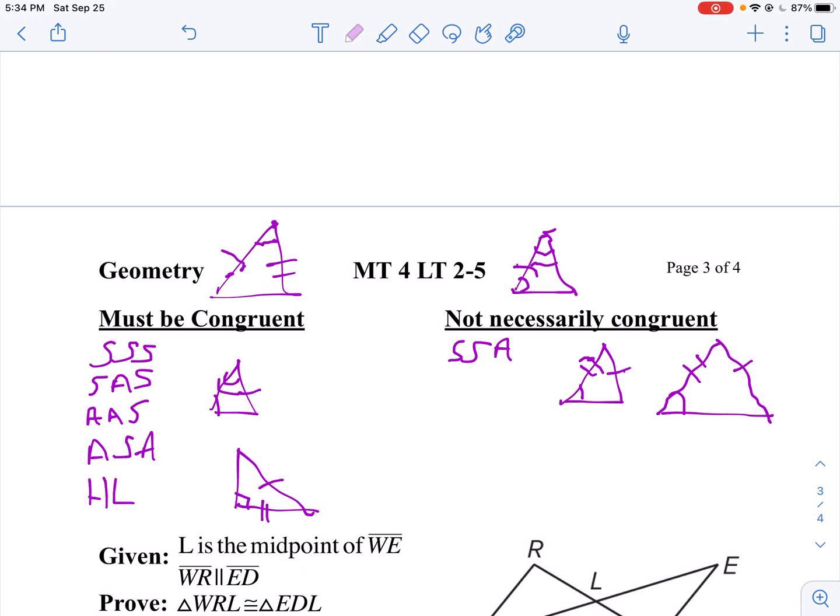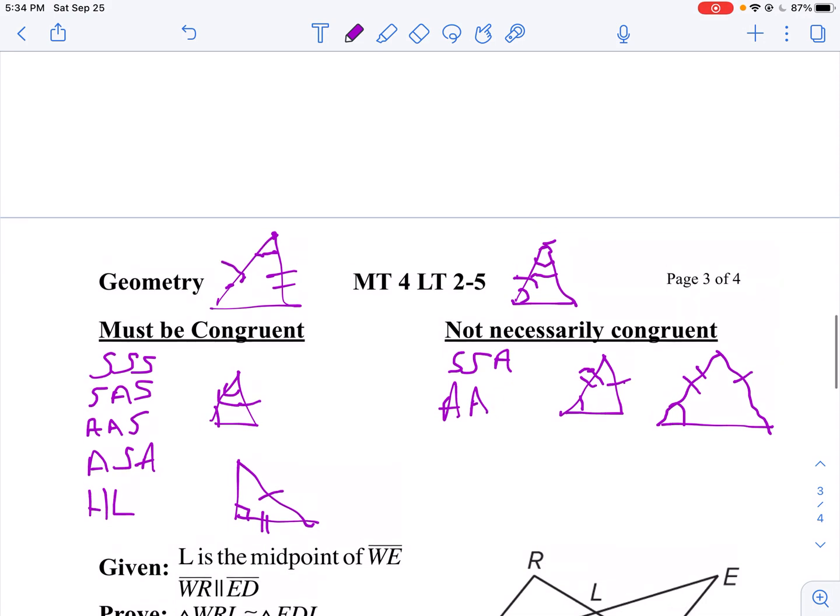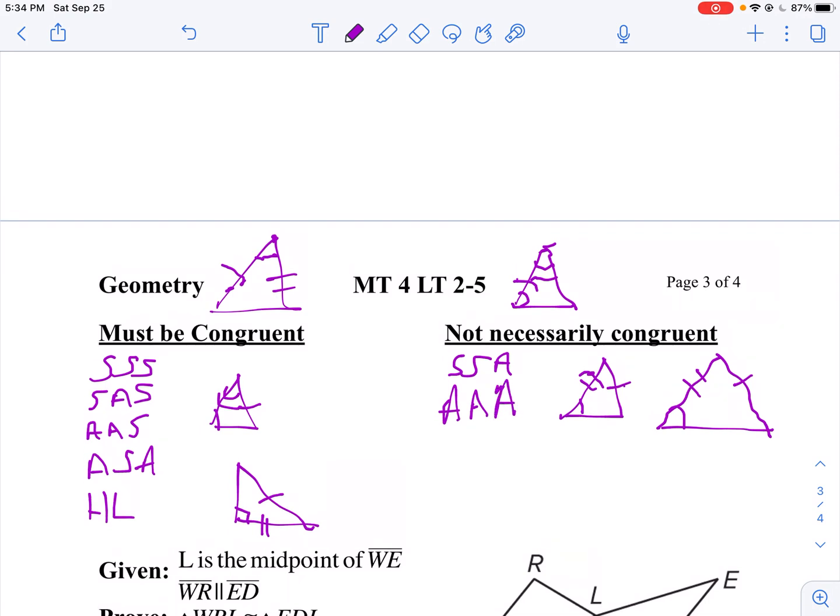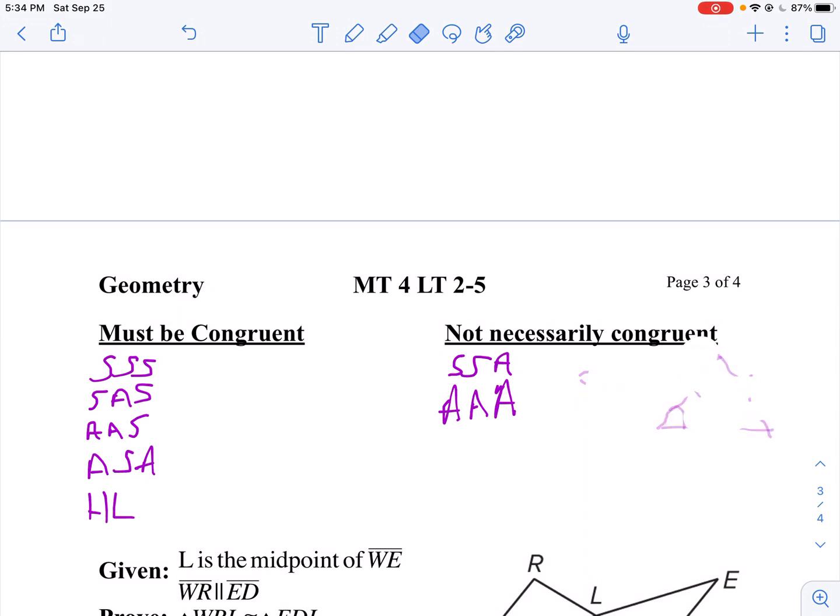The other one that people sometimes try to use is angle, angle, angle. Those don't have to be congruent. I'm going to erase the triangles here and draw 2 triangles that have the same angles but aren't congruent, if I can draw very nicely at all.